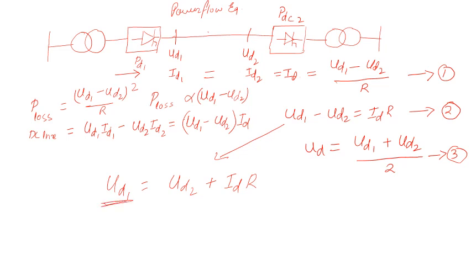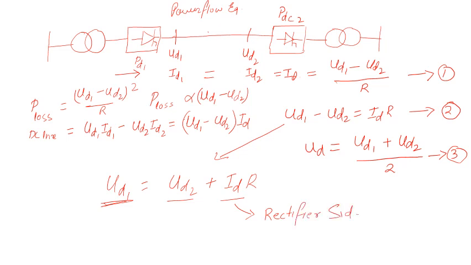From this equation you can see it depends on two variables, UD2 and the current ID. Now we are making this constant, but it has some dependency also. It can be controlled from the rectifier side.